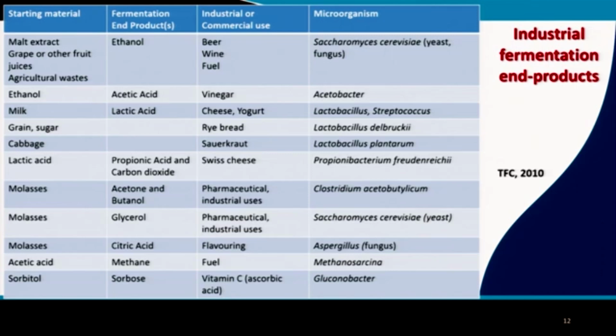or a fungi. Then we have grape or other fruit juices which are used for making wine, and again the fermentation end product is ethanol, and the same fungi is used for mediating this reaction. In the last case, we have agricultural waste, which can be converted to fuel. So we have biodiesel production that has become very popular.